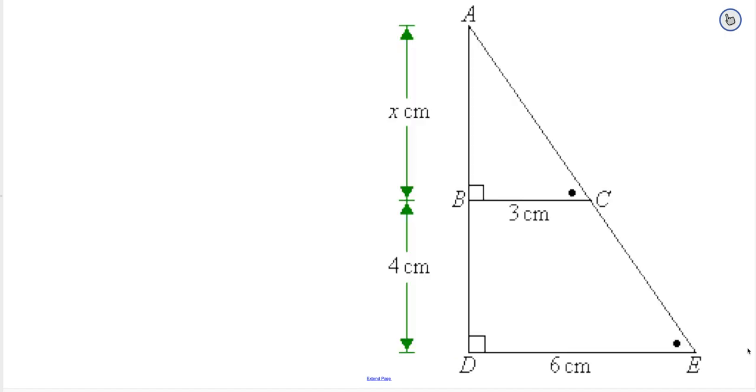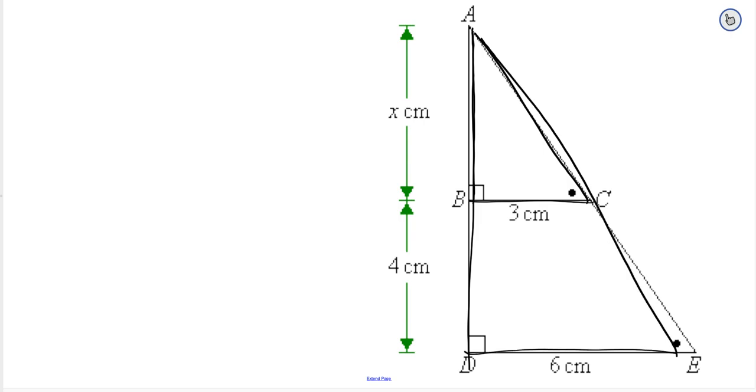I wanted to go to this example because there's an x floating around in this part right here. Some of you might be able to do this in your head and figure it out real quick. Some of you cannot. I'm going to show you how to do it with proportions, that way we're all on the same page. So I have a little triangle inside of a larger triangle, so one is a piece of the other.